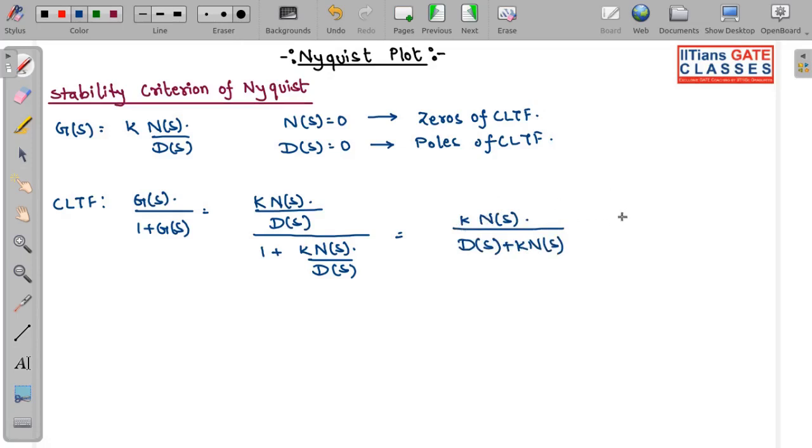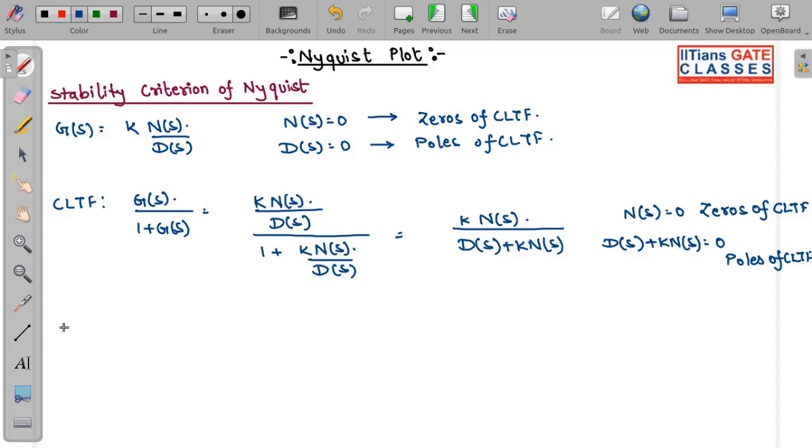So here you can see once again, if you put N(s) equal to 0, this will be the zeros of CLTF, and if you equate this part to 0, that is D(s) plus K N(s) equal to 0, this is the poles of CLTF. And we know that basically poles are responsible for the stability of the system. If poles are in the left hand side, system will be stable. If poles are in the right hand side, system will be unstable. So this is your CLTF.